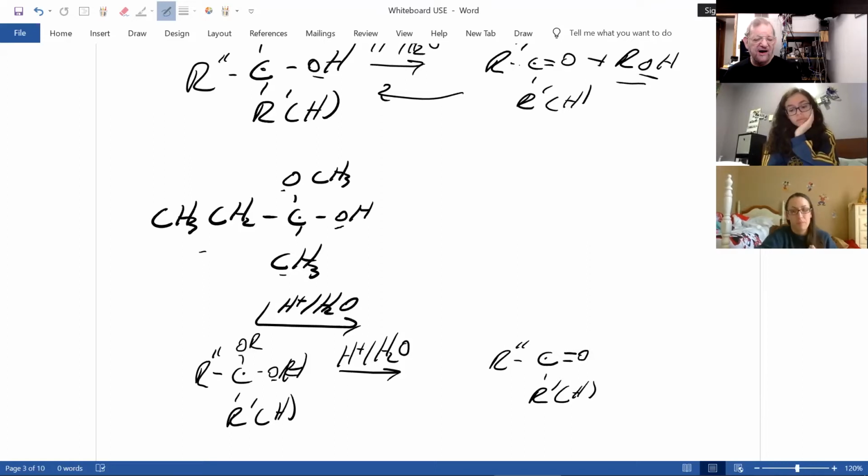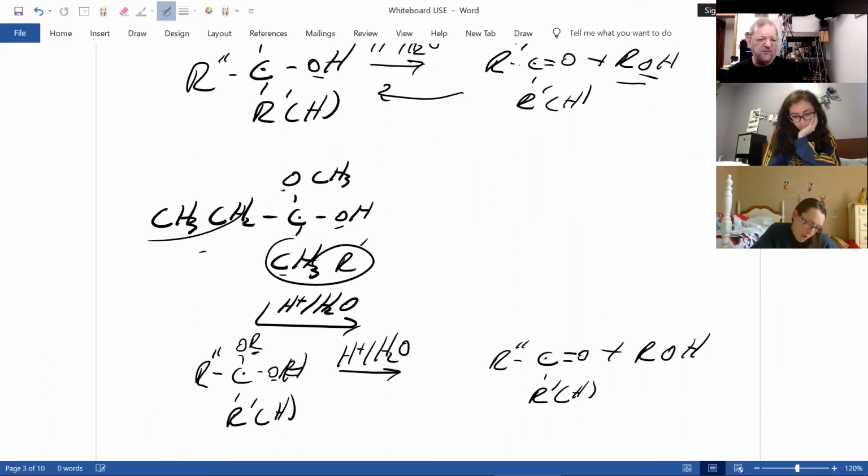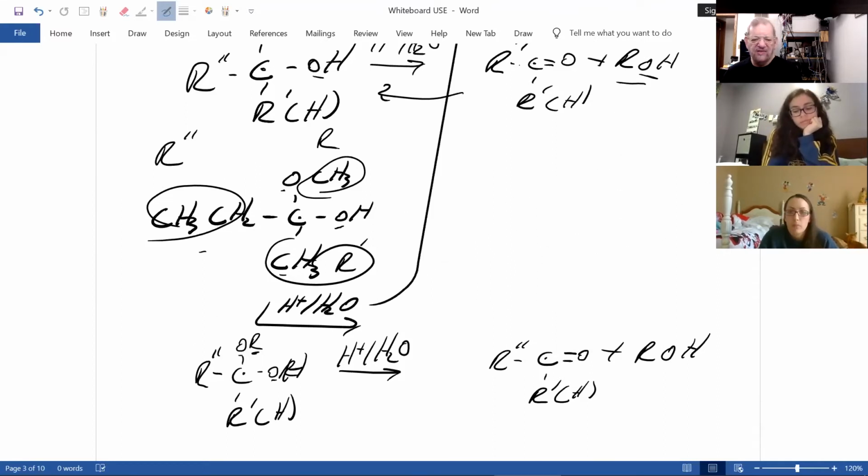Then the R group here becomes this alcohol. In this case, what's our R prime? This methyl. What's our R double prime? This ethyl. And what's our R? Methyl. So I'm going to keep my eye on the carbon with the two oxygens.